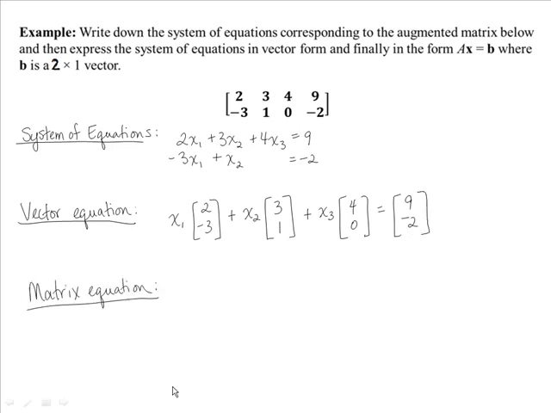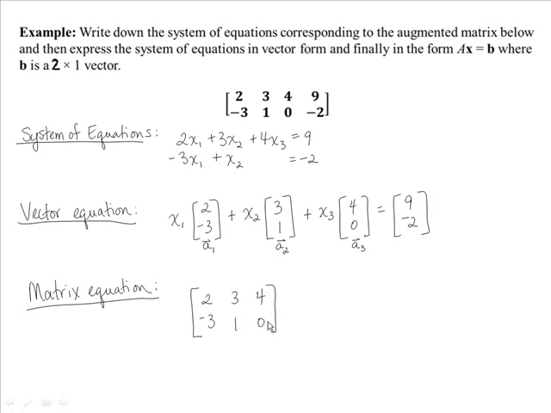And now, as a matrix equation, I'm going to look back at my vector equation, and I'm going to say that these vectors were the columns of my matrix. So we're going to call these A1, A2, and A3. And so we'll take our matrix, and it'll consist of those as our columns. So I've got 2, negative 3, 3, 1, and 4, 0.